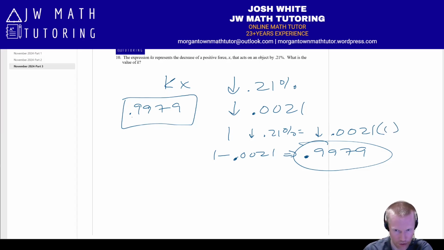That's why it's just 0.0021. But the correct answer in this is 0.9979. That is the number that you multiply the force by, which would represent a decrease of 0.21% on it.